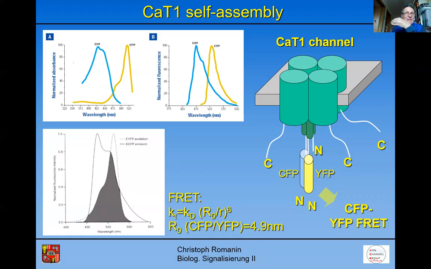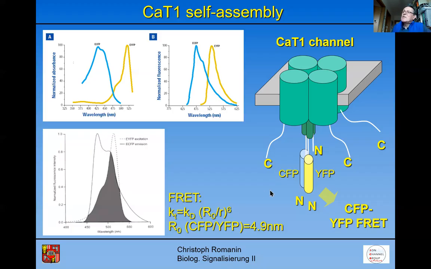So you have a fantastic resolution that would not be possible when you only have one fluorophore, because with these fluorophores, the resolution typically to see whether they come closer together is in a range of about 200 nanometers. Whenever fluorophores of only one type come closer together than 200 nanometers, they would not be resolved anymore from each other.